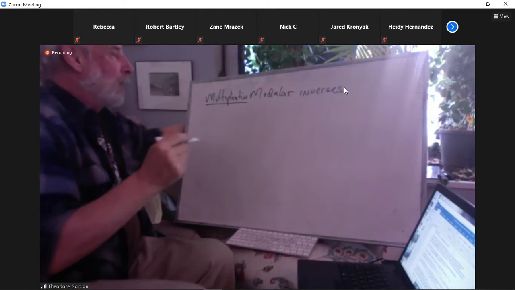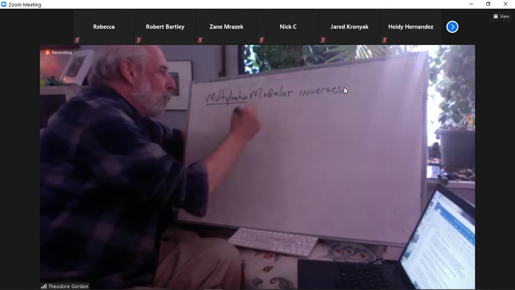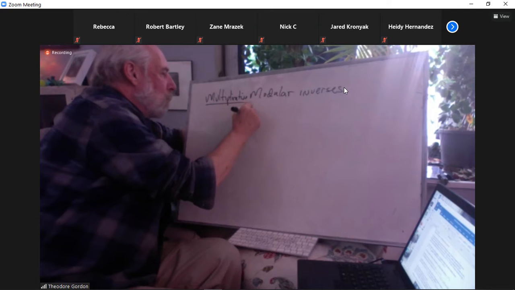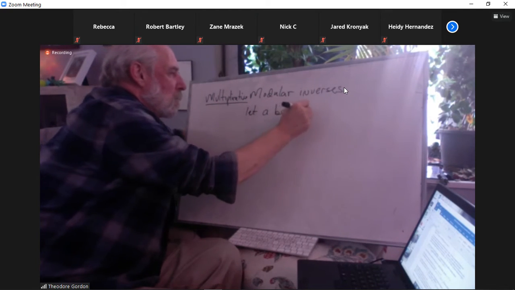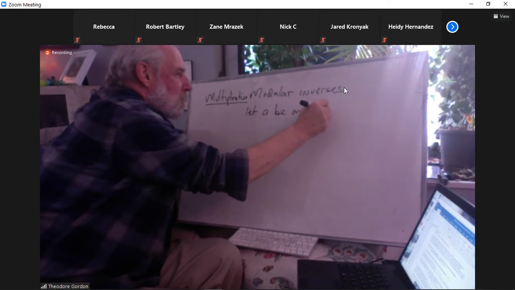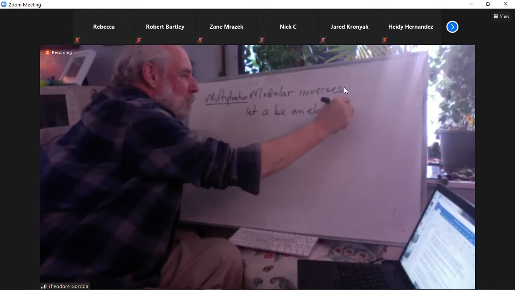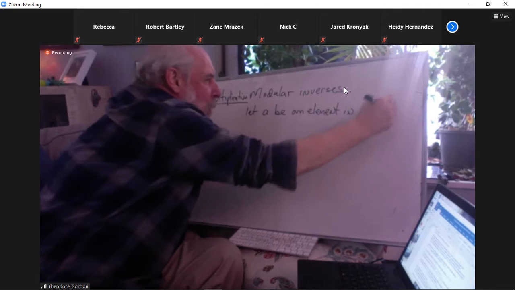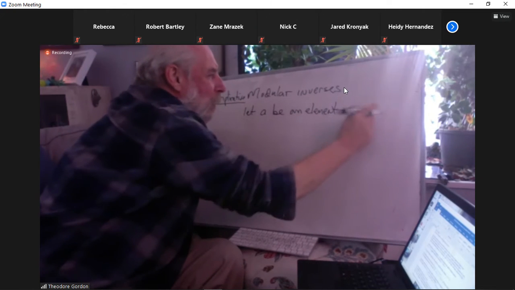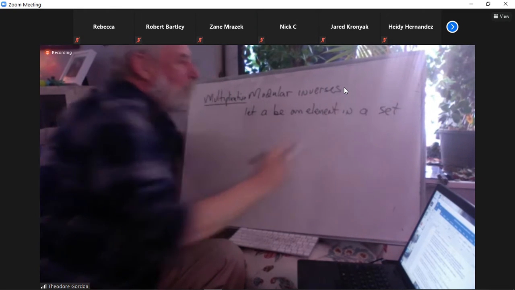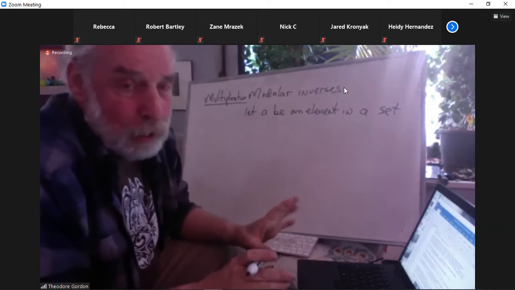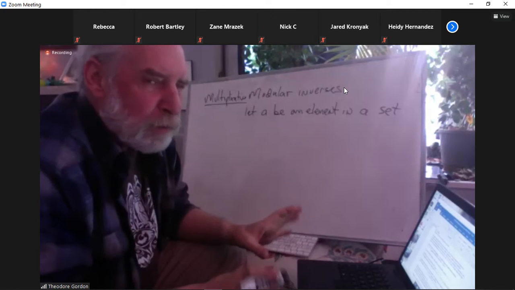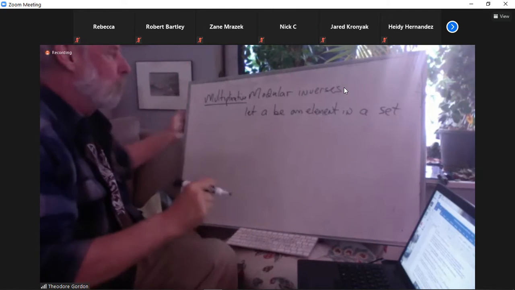So from the old days, an inverse. Let A be an element in a set. I'm going to drop the word set when we hit group theory and just call it let A be an element in a group. A group has a specific mathematical meaning.